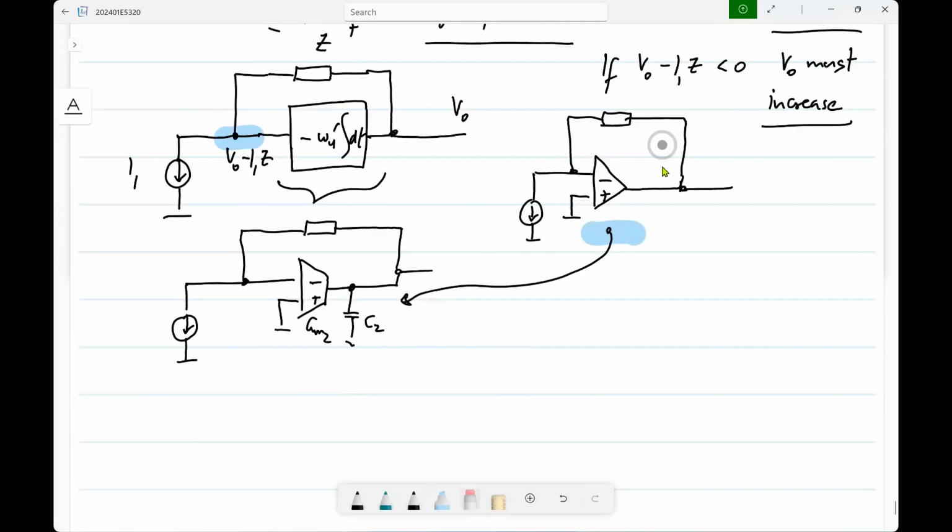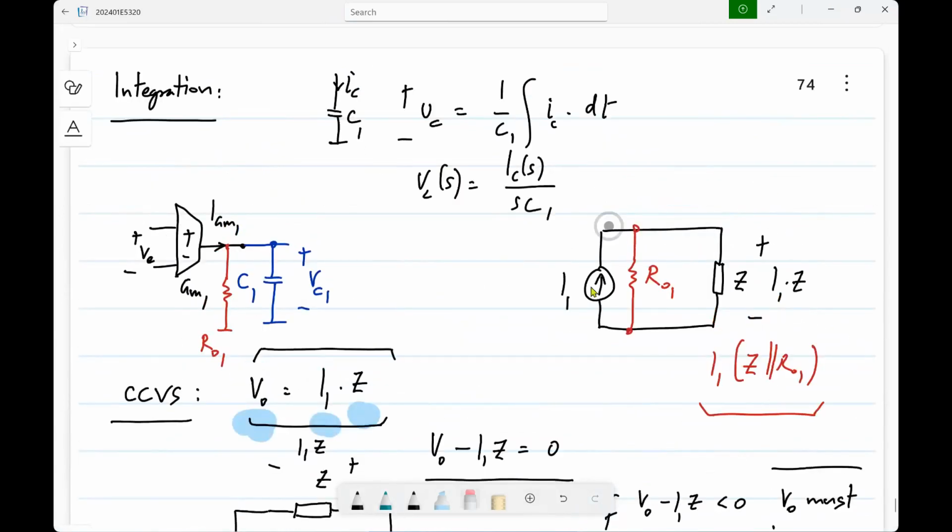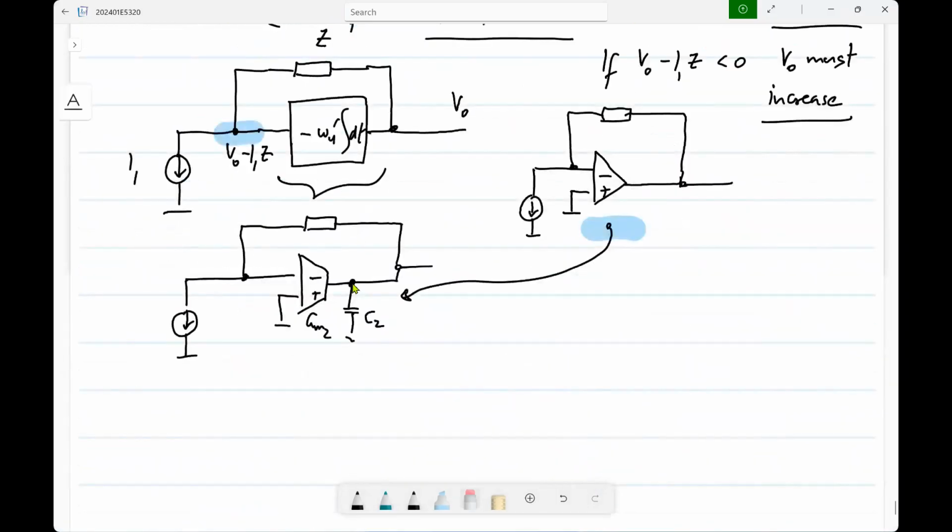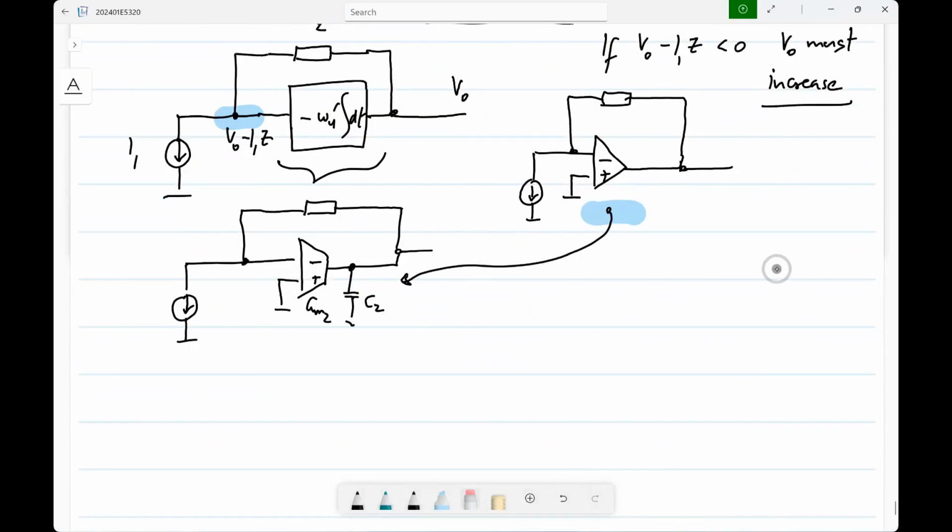Okay, so now what were we trying to do? This current is basically the output current of this GM, right? And what is the Z? Z is the capacitor C1. So let's do that. So essentially what we need to do is have GM1 through this capacitance C1.